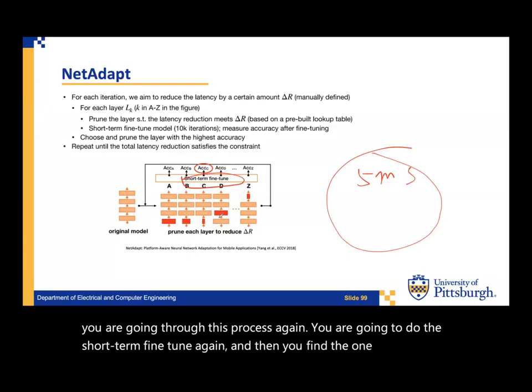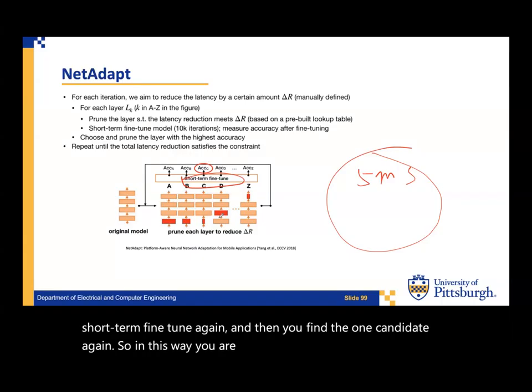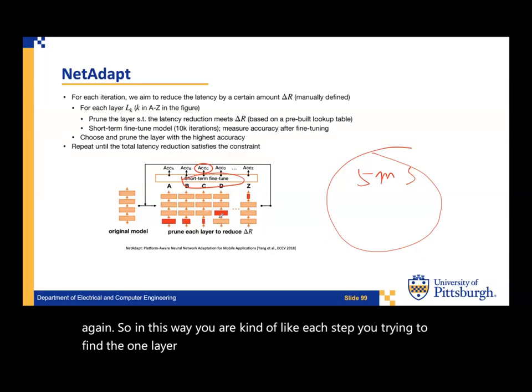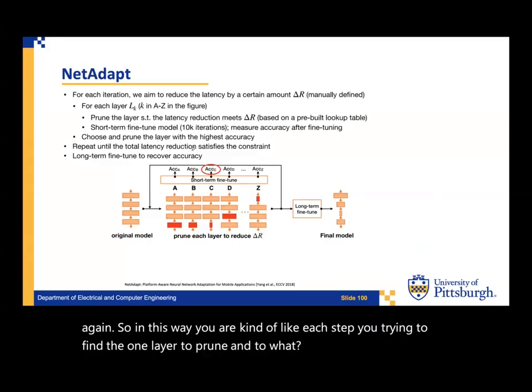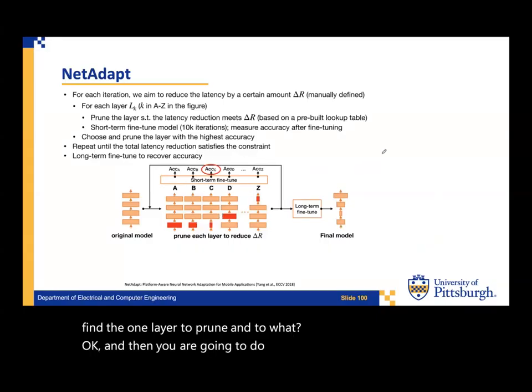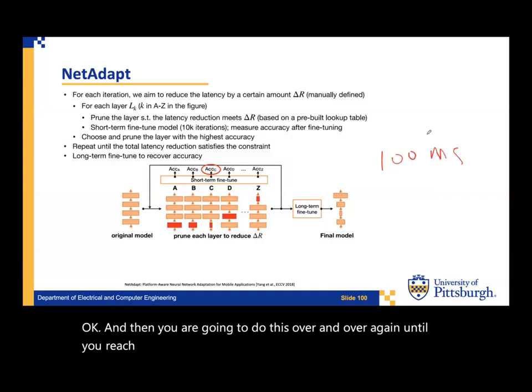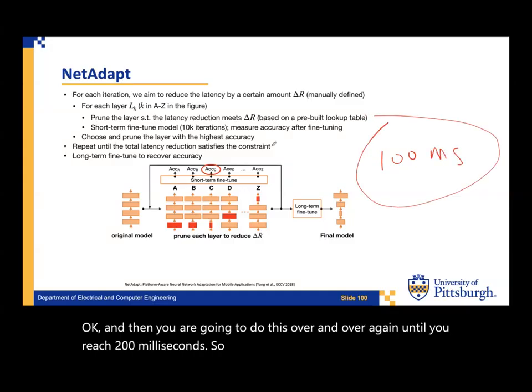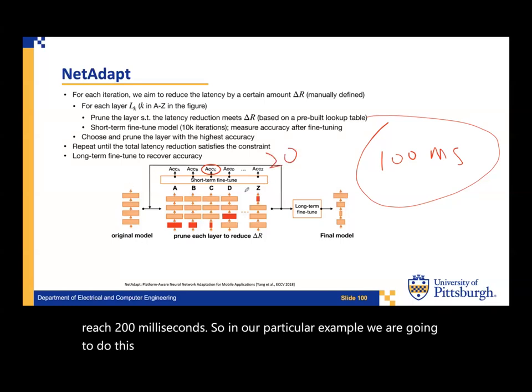In this way, at each step you try to find the one layer to prune and to what ratio. You do this over and over again until you reach 100 milliseconds. In our particular example, we do this 20 times, since each step is 5 milliseconds.